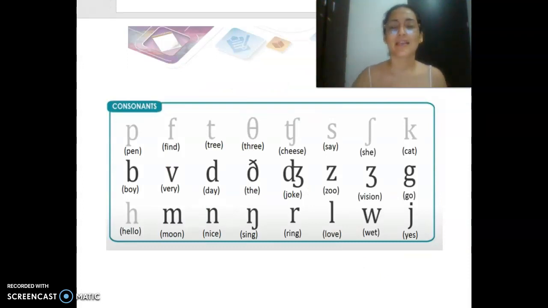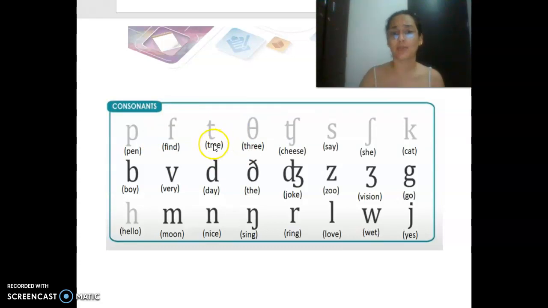Okay, at this moment, we are going to talk about the consonant sounds. Okay? We have a lot of sounds in the consonants, like in the vowels we started with. So we have, for example, this sound. In this case, we have the word find.